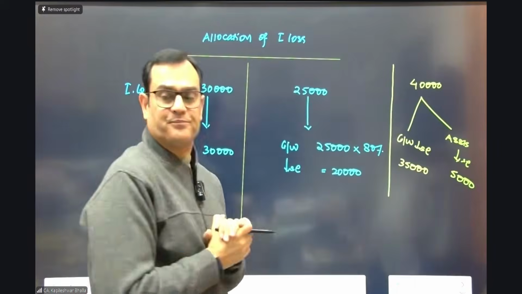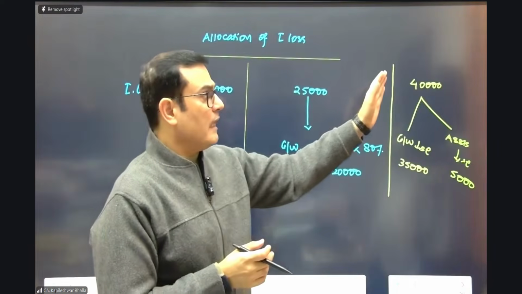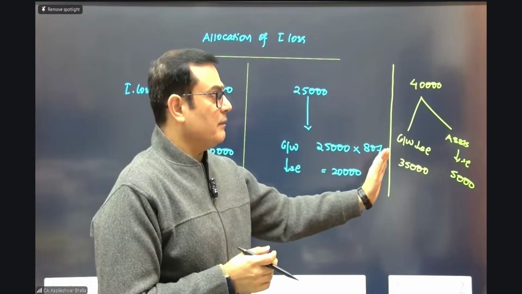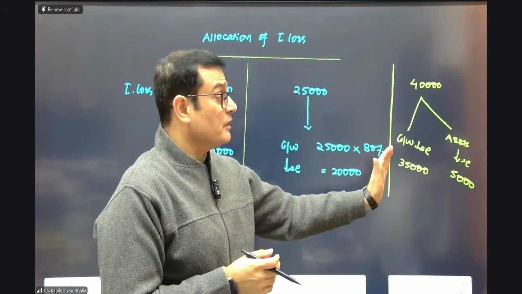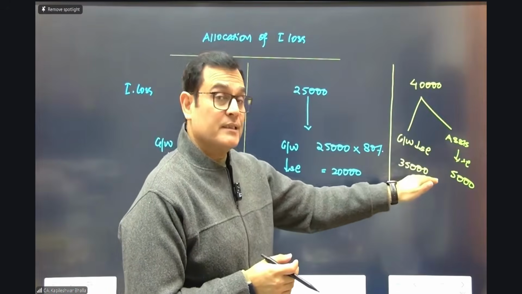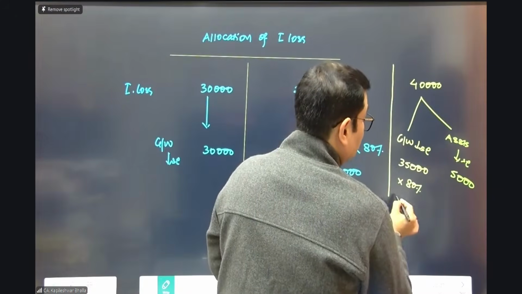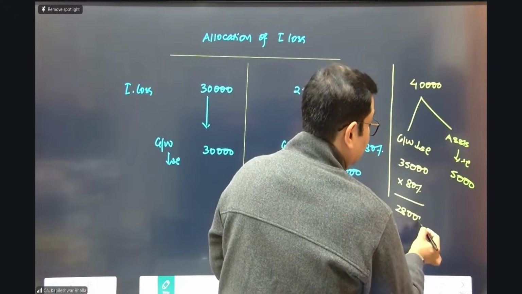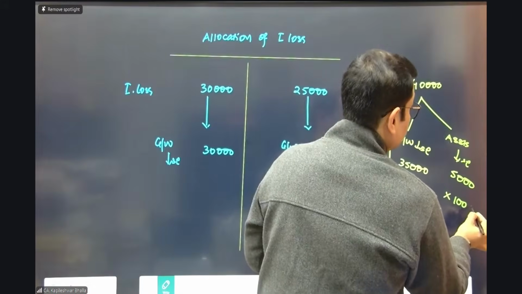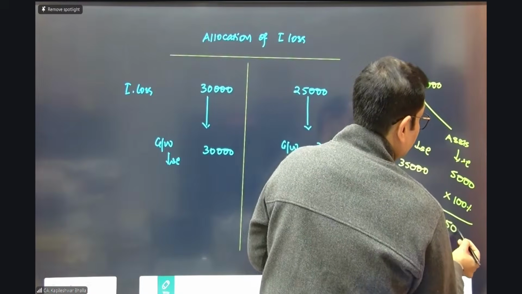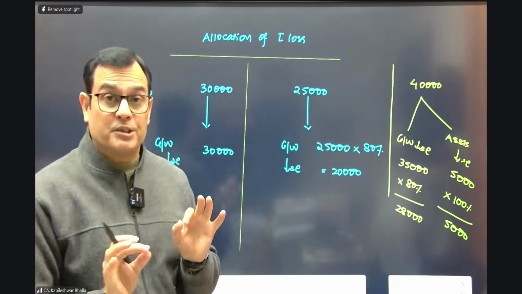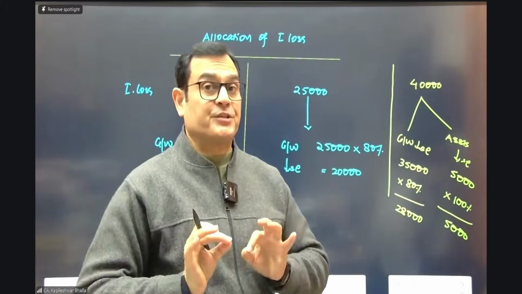Get the split. So first we'll decide that out of this 40, the amount of goodwill impairment is the grossed up figure 35, and the rest is other assets. Take this 80% because only 80% is appearing in the balance sheet, that's 28. And take this as 100% itself because the assets appearing in the balance sheet is 100. This is where the important catch is.